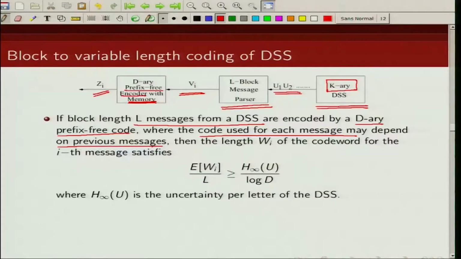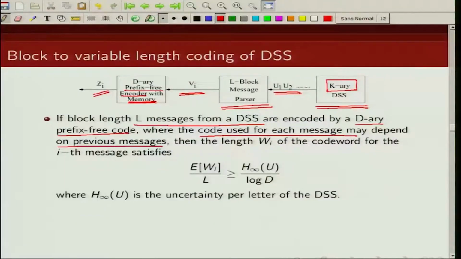Because our source has memory, so it's likely that sequences which happened in the recent past are more likely to happen in the future as compared to sequences which happened a long time back. So we need to design our block to variable length encoder which would exploit the memory of the source, and that's why we are saying that the code word used for each message may depend on previous messages.